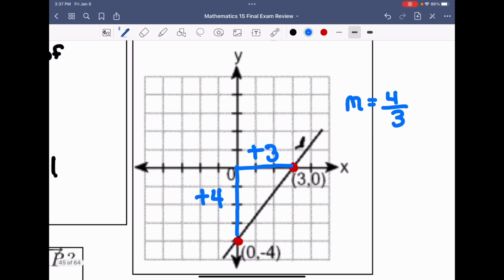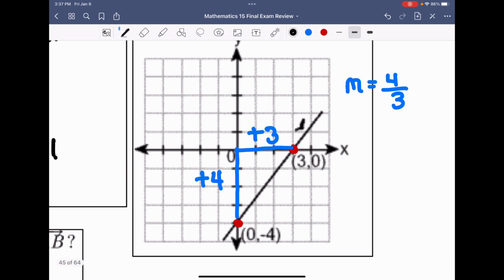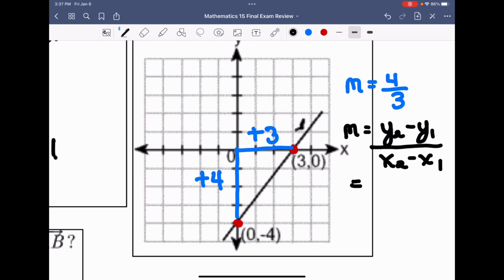Here's the other way we can solve for this. We can use those 2 ordered points they gave us and say m is equal to y2 minus y1 over x2 minus x1. I'm going to deem my right point as point 2. So y2 is equal to 0, y1 is equal to -4.